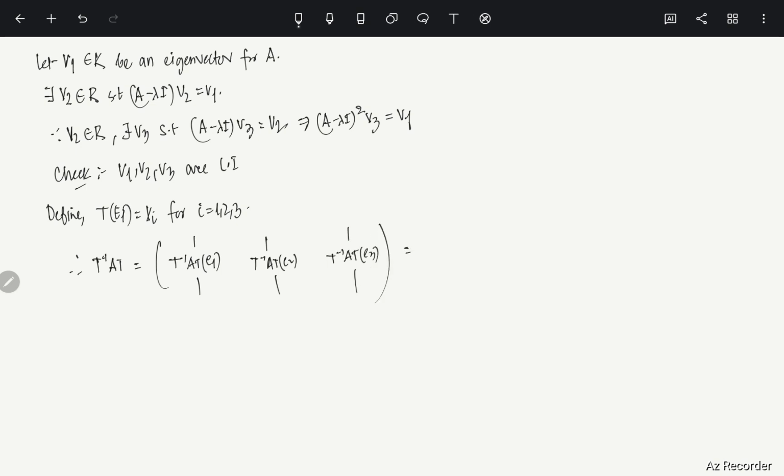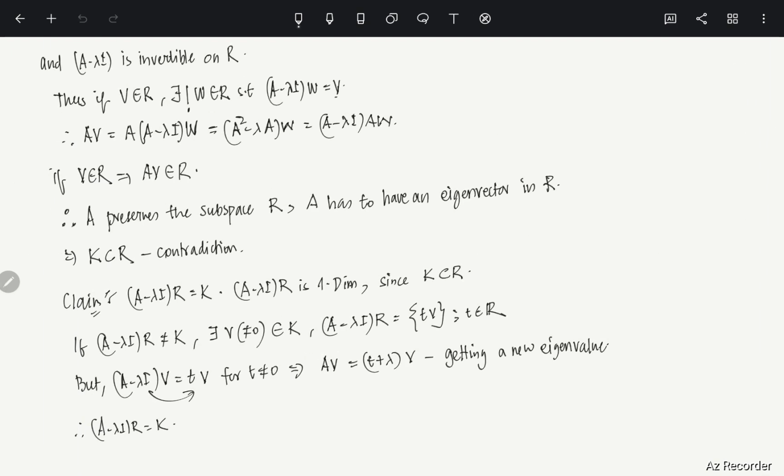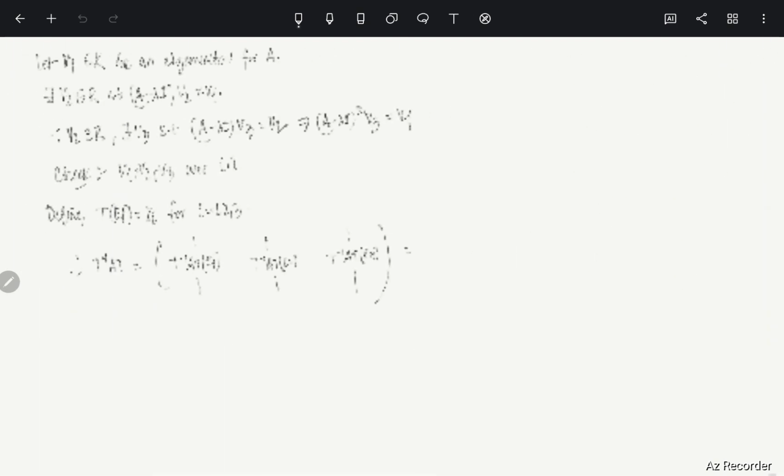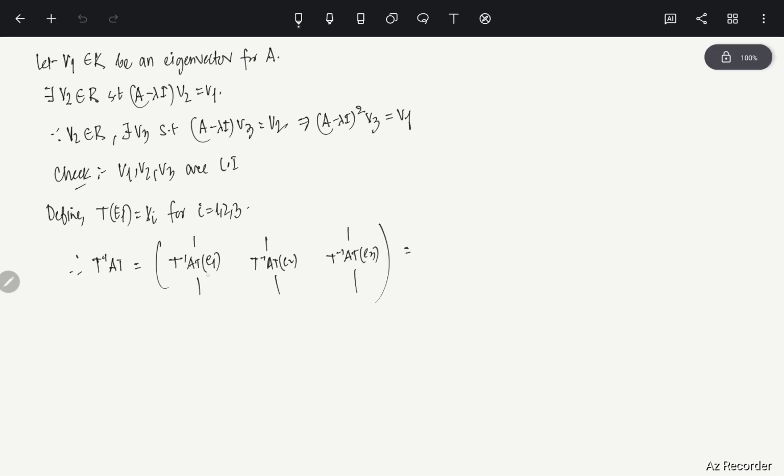Just do exactly the same sort of thing we did here. If you calculate the whole thing, you will end up getting lambda 0 0, 1 lambda 0, 0 1 lambda. Clear? So you have to check this part.